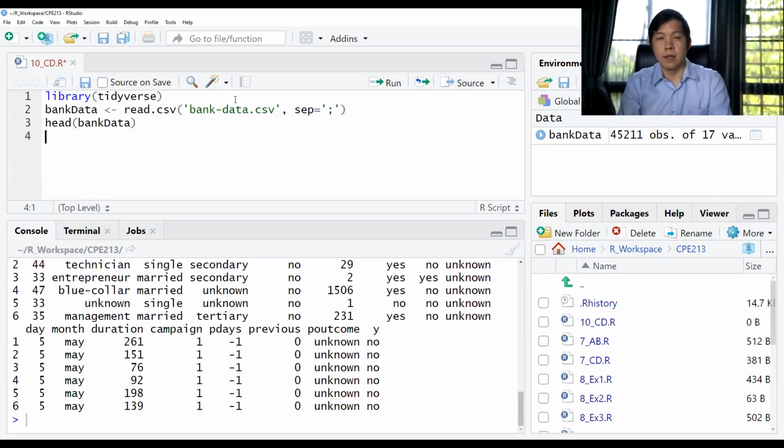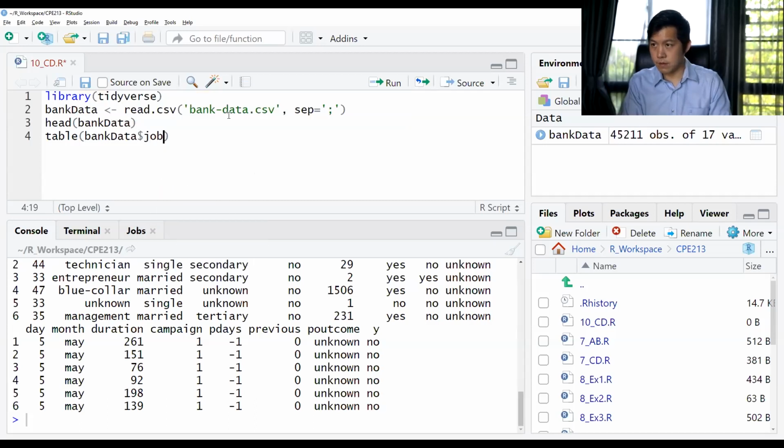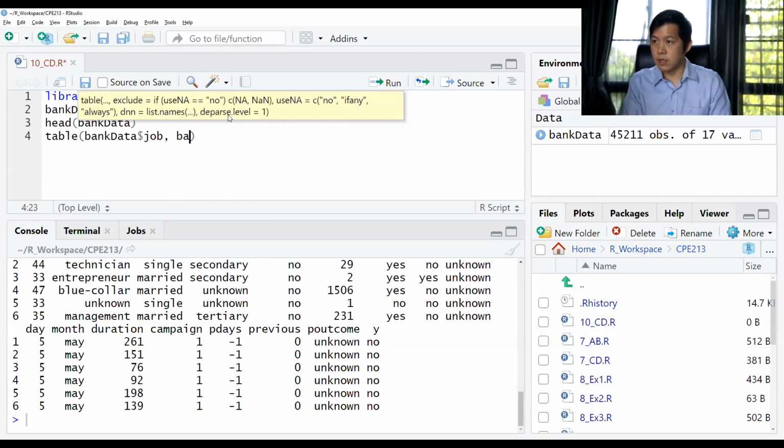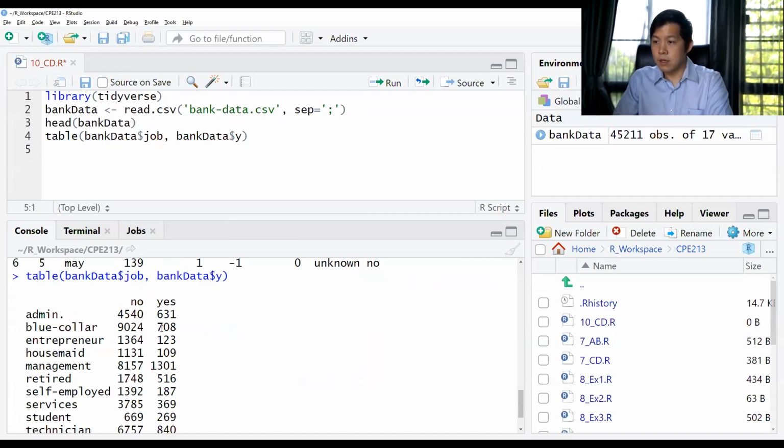Let's create the cross tabulation of this data set by using table, and the first variable will be the job. The second one is the Y. Now we have the numbers, or if I refer back to the prior slide, the X and Y values.